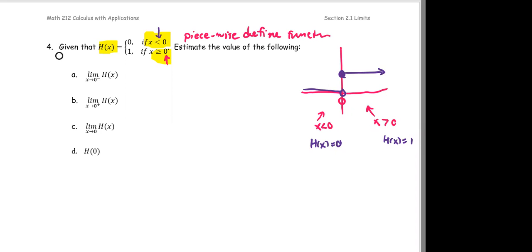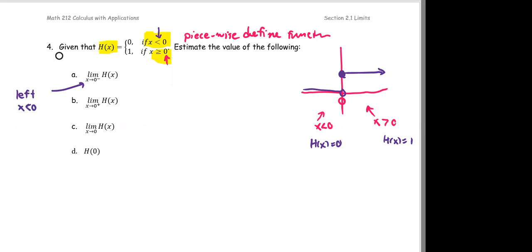Part A asks for the limit as x approaches 0 with a negative sign as a superscript. That means coming from the left side of 0. Negative sign means from the left. In the mathematical meaning, it means x, whatever number we are observing, is going to be slightly less than 0 because it is from the left side.